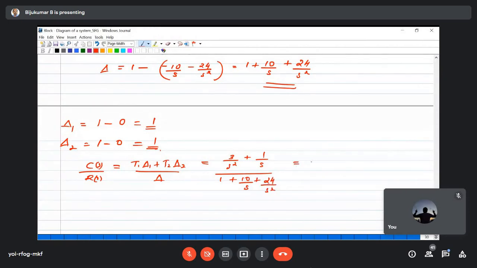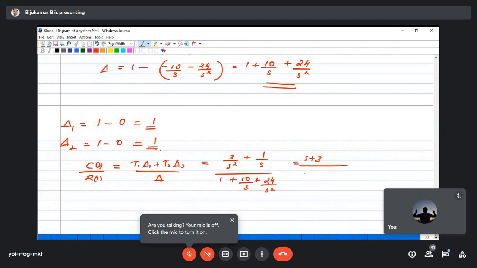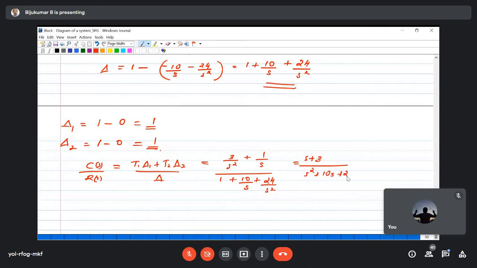So if we solve this, we will get (3S plus 3) divided by (S square plus 10S plus 24). So this will be the answer, in the S domain.